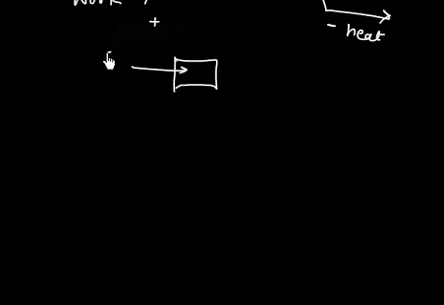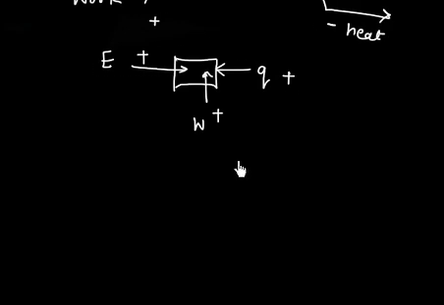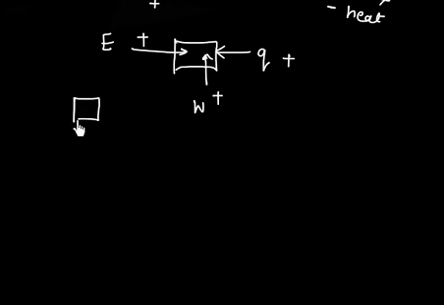If energy comes, this is positive. If work comes, this is positive. If heat comes, that is Q, for heat we write Q, this is positive. And the same is negative also. If I have my system and energy goes, this is negative. If work goes, this is negative. And if heat goes, this is also negative. So this is the sign convention for heat, work and energy.